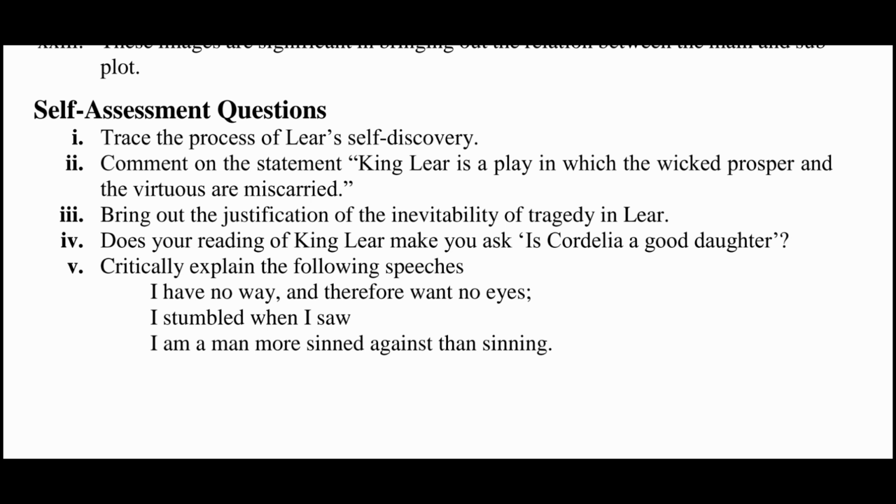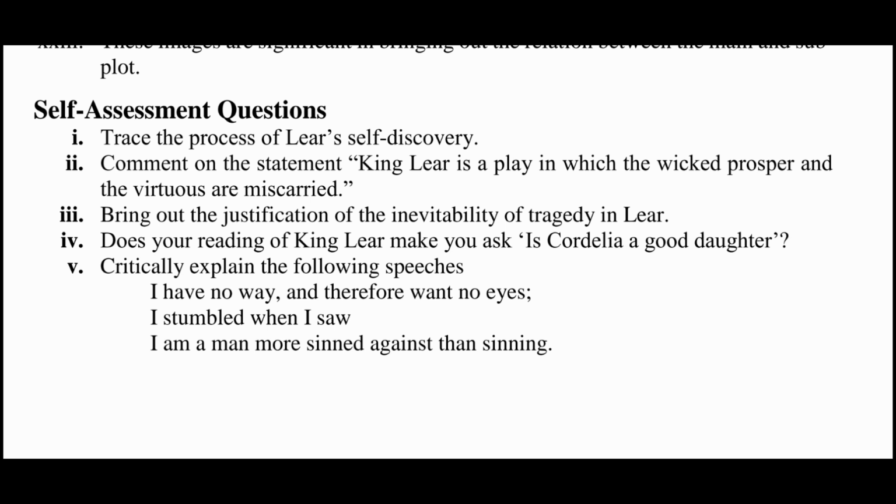Number 2, comment on the statement: King Lear is a play in which the wicked prosper and the virtuous miscarry. Point number 3, bring out the justification of the inevitability of tragedy in King Lear. Point number 4, does your reading of King Lear make you ask, is Cordelia a good daughter?